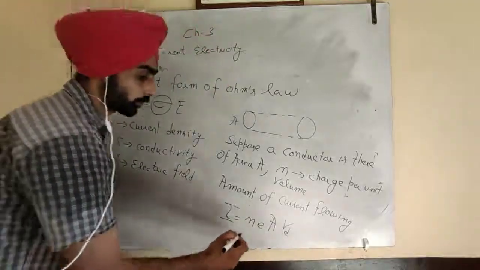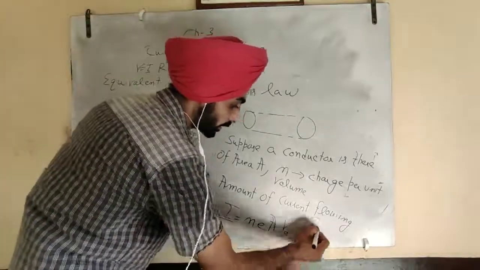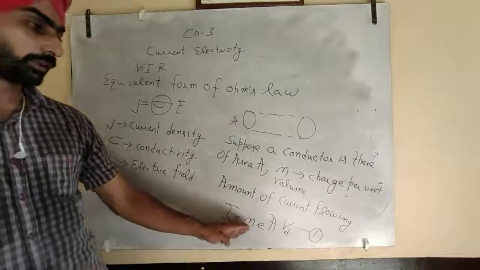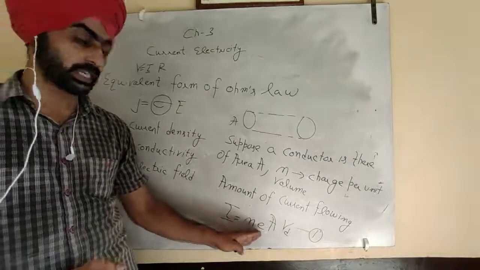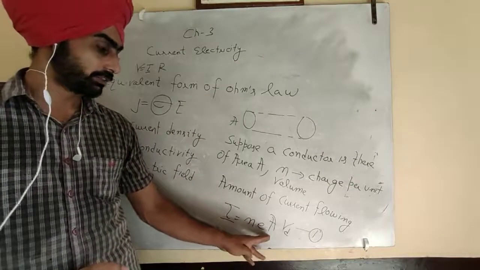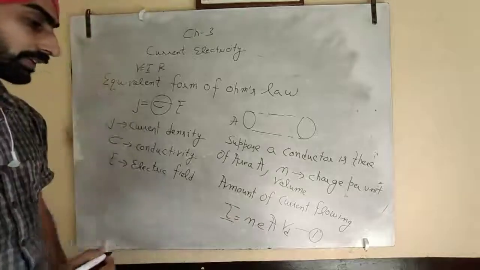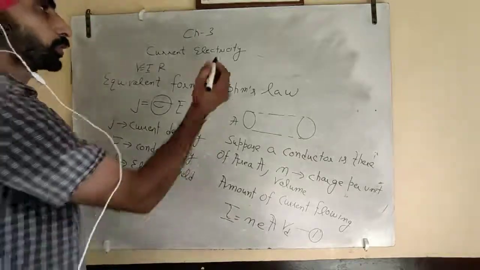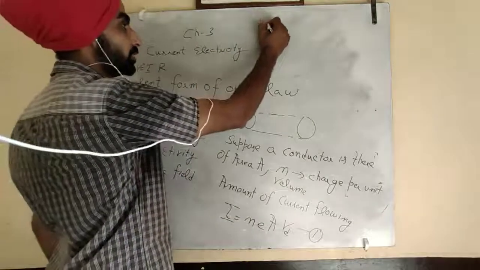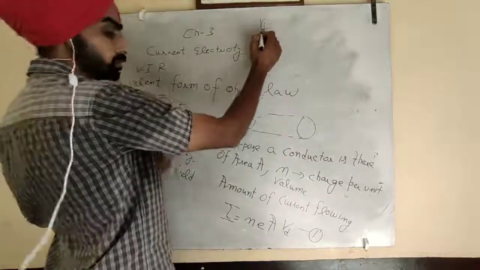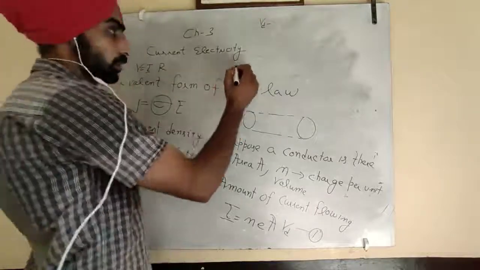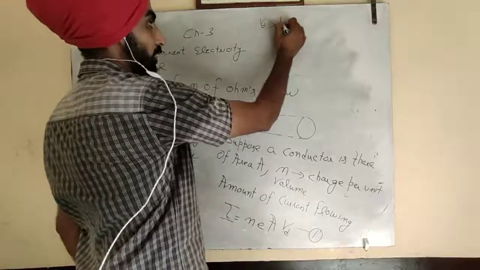This is the amount of current flowing in the conductor. Here n is the number of charge carriers per unit volume, e is the charge on an electron, A is the area of the conductor, and vd is the drift velocity of the electrons.